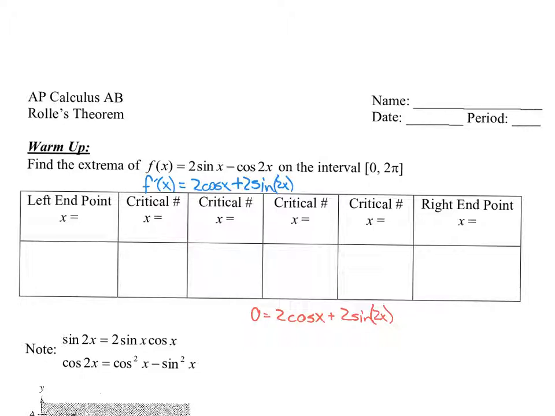Okay, so we have 2 cosine x, and that's plus 2 sine of 2x. Now sine of 2x is 2 sine x cosine x. So this is a 4 sine x cosine x. Okay?